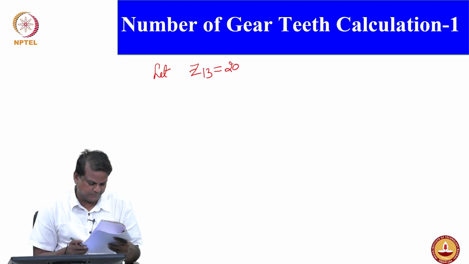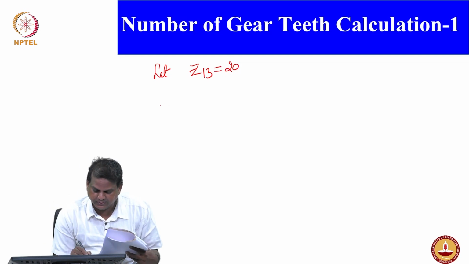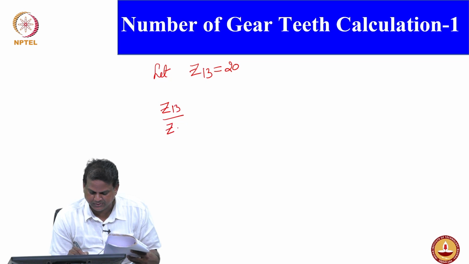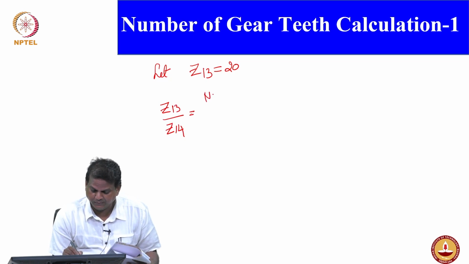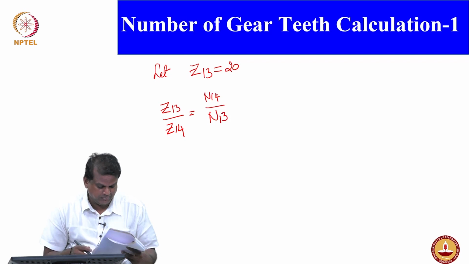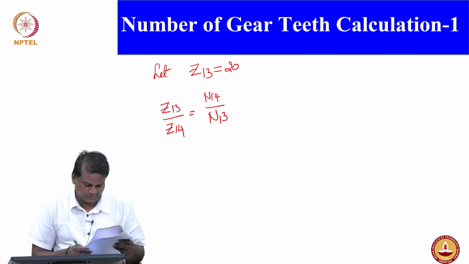Okay, so I'm sure you know the formula. Z13 divided by Z14, the number of teeth is inversely proportional to your speed, right. N14 and N13. Tell me what is the speed for N14 and N13. That's what we need to know.